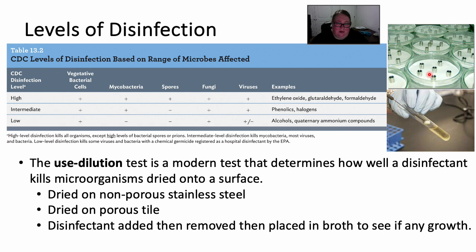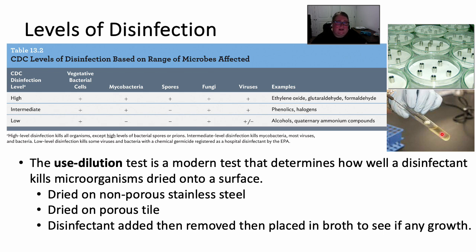So what we're going to do is we're going to arrange them on, say, a petri dish. And we're going to apply microbes to them, and we're going to make sure the microbes dry to the surface. And then we're going to use the disinfectant on them. Okay, so once the disinfectant is used, we're going to then take these cylinders and put them into a test tube with broth culture, and then we're going to put them in the incubator. They're going to be capped, and we're going to see if anything grows in this broth.